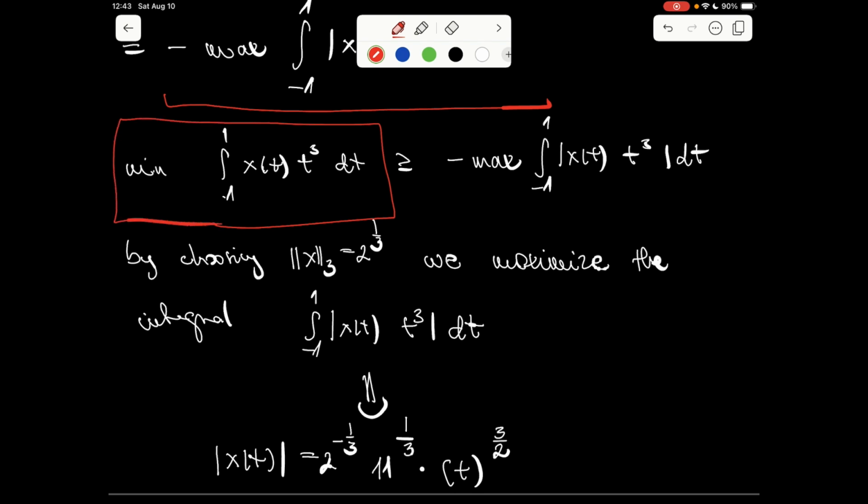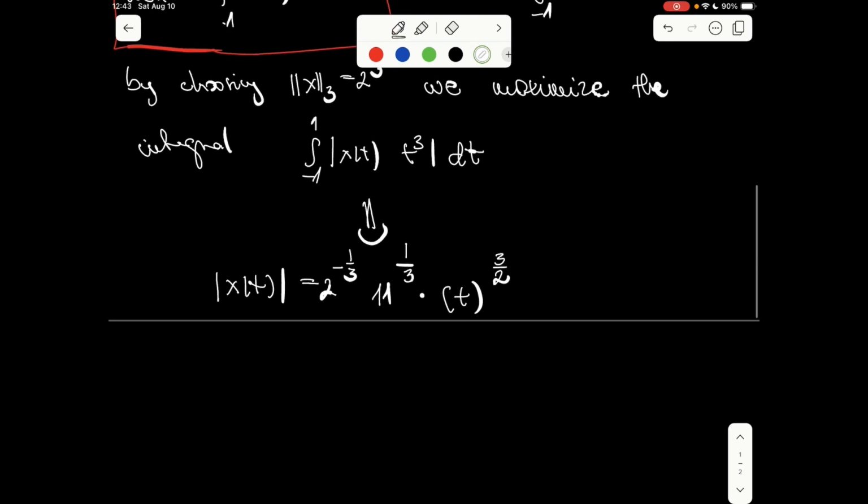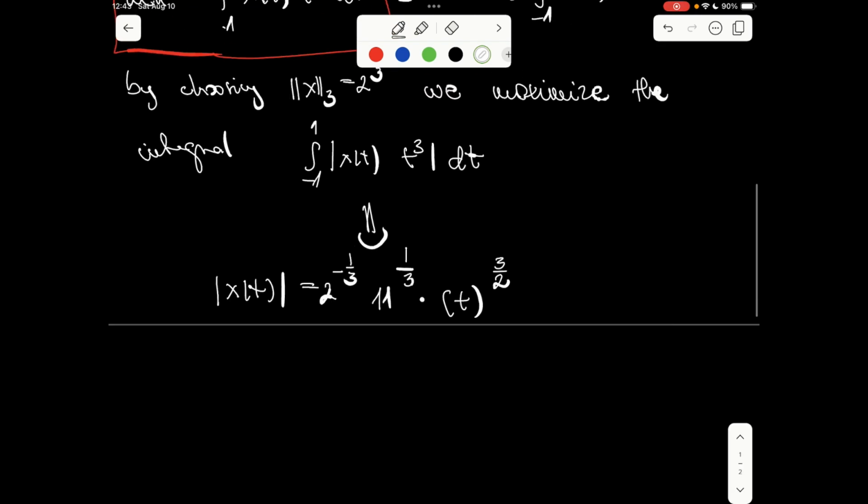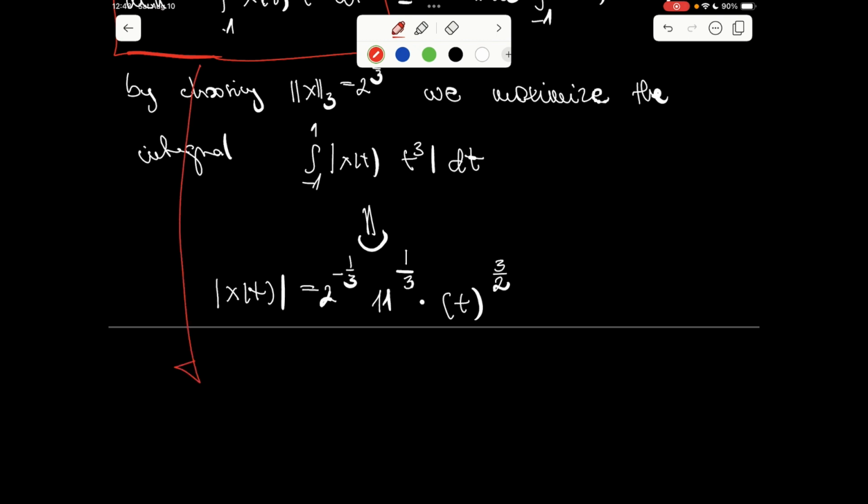And where is it minimal? It's easy. It is minimal where this function is negative everywhere and is positive nowhere.